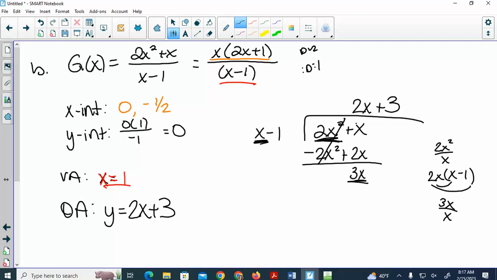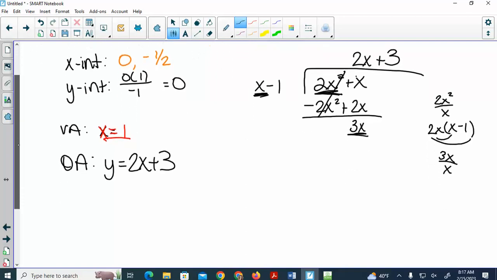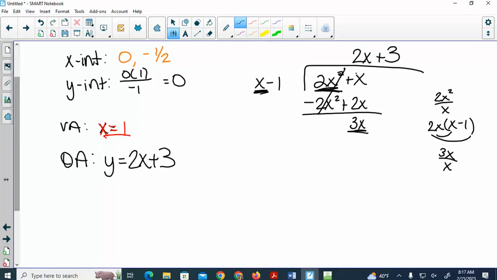All right. So then, after you go through all those things, I would ask you to graph it. Now your graphs, I'm going to be kind of picky. You have found this information, so you better plot it on your graph. So I'll give you a point for taking your intercepts and putting them on your graph. So we hit the x-axis at 0 and negative 1/2, the y-axis at 0.